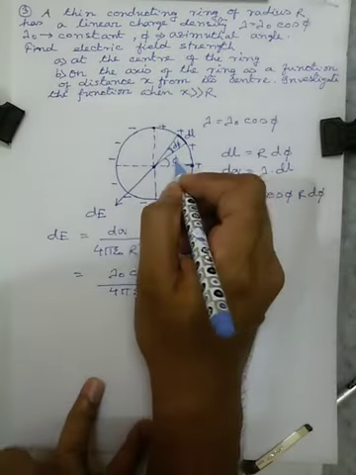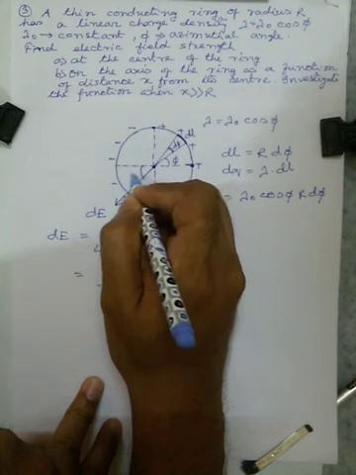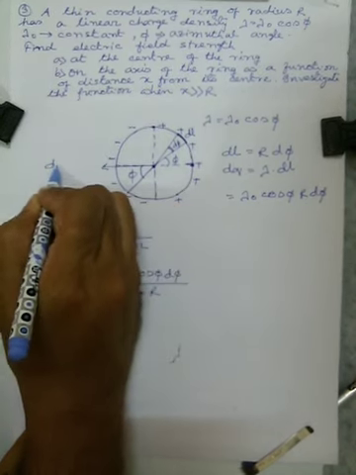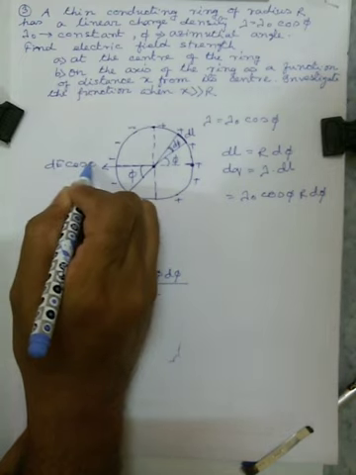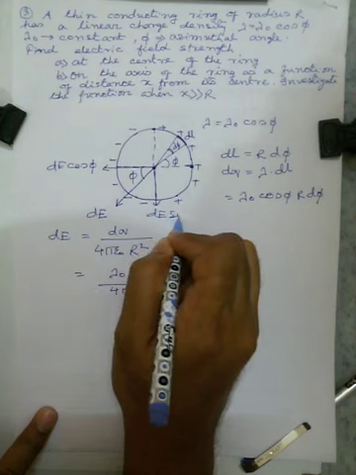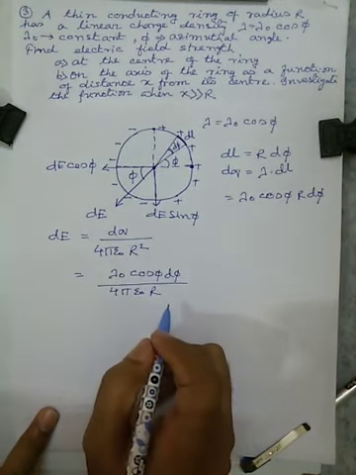Now if this angle is phi, this angle is also phi, and dE will have a component dE cos phi in this direction and dE sin phi in this direction.